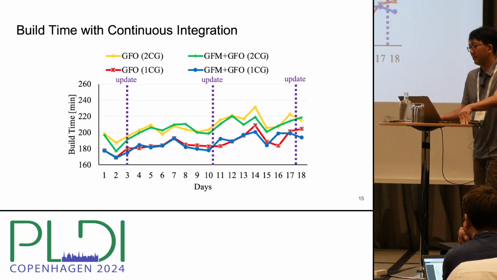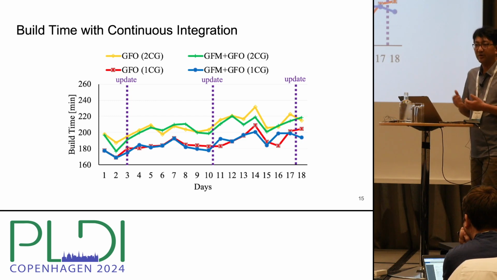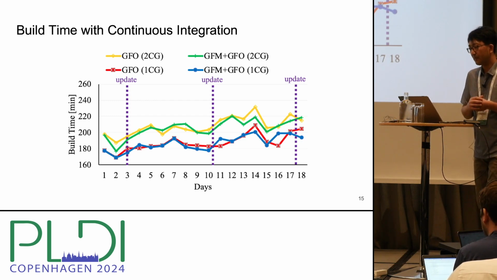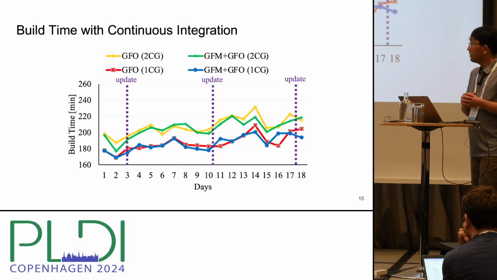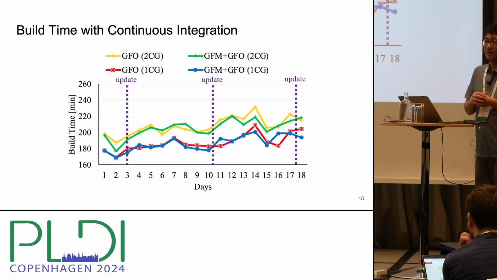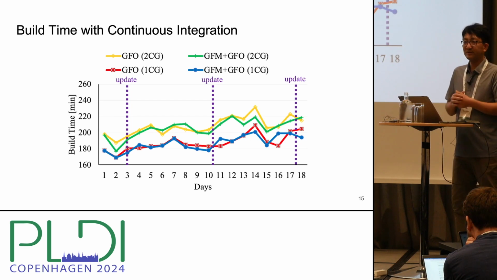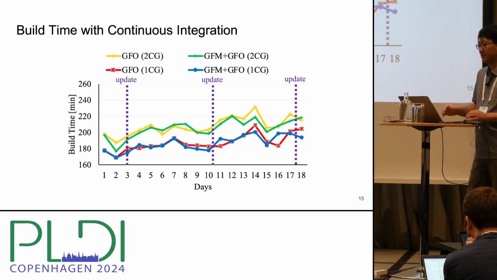It's about 70%. Depending on machine configuration and build environment, the gap can be even larger. As you can see, adding the global function merger on top of the global function outliner, the build time impact is very negligible, no matter whether you use a single Gaussian or double Gaussian approach.